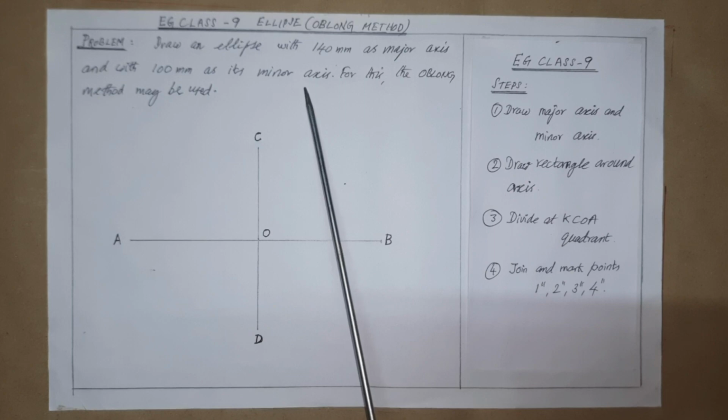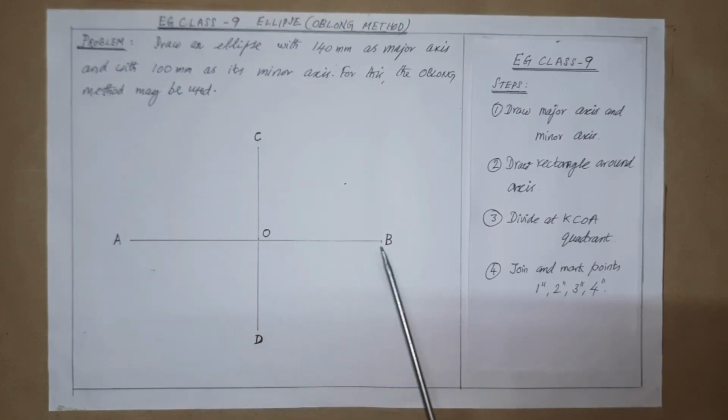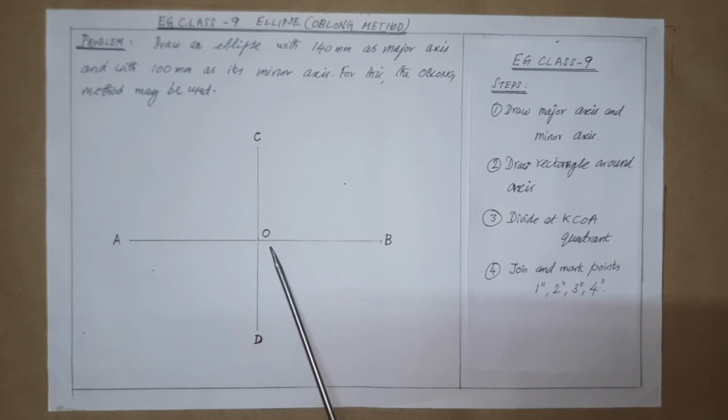Then mark them as A, B and C, D. The axes should be named A, B, C, D as shown, with O as the midpoint or intersecting point.